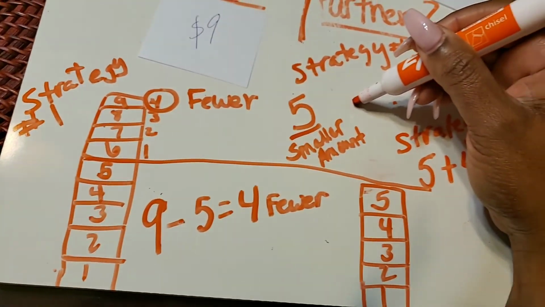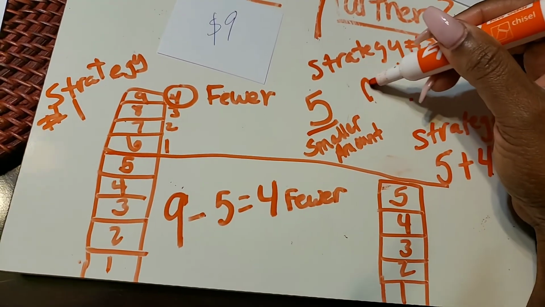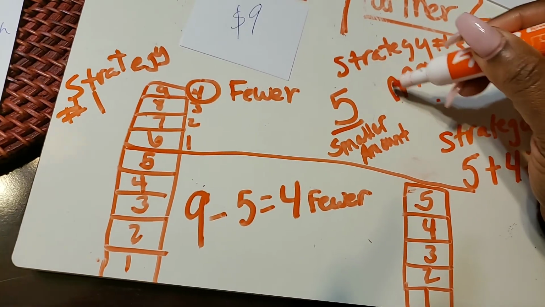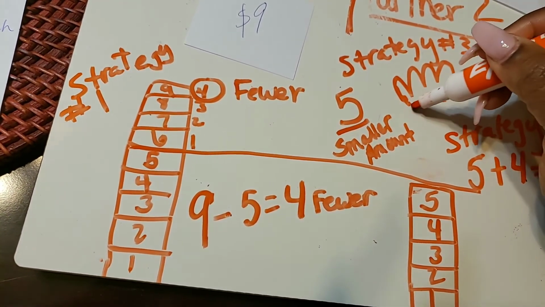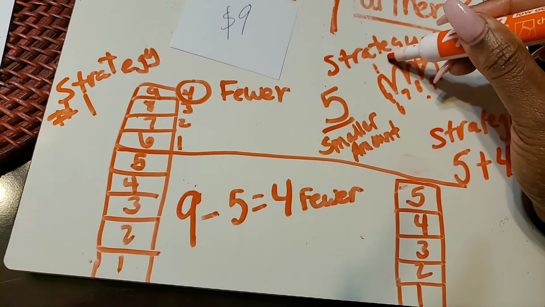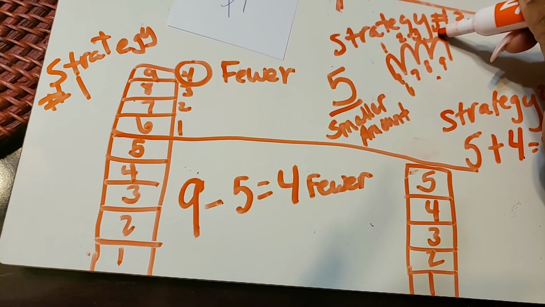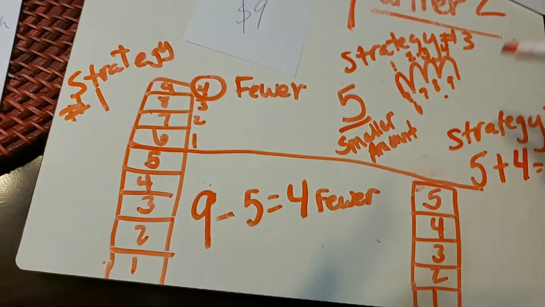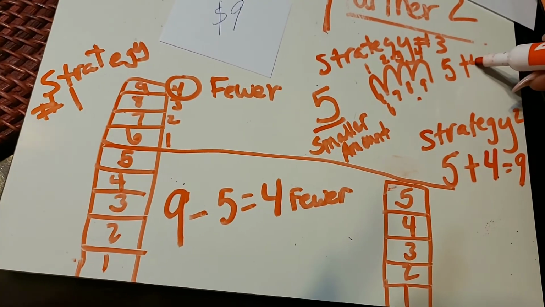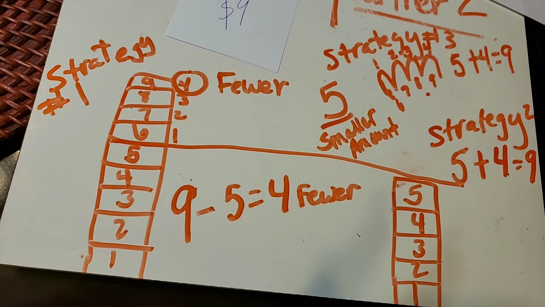I'm going to draw my little fingers with it. So let's count on. Get ready. 5, 6, 7, 8, 9. How many do we need to count up? 1, 2, 3, 4. So again, this will be 5. The number sentence will be 5 plus 4 equals 9.